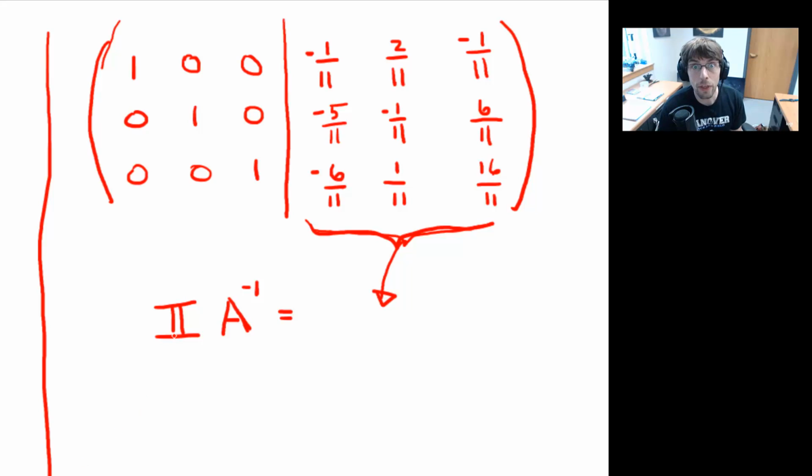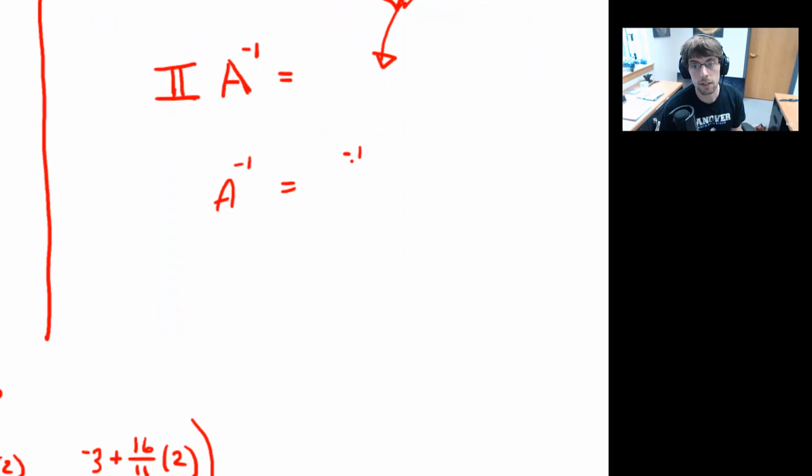We know that when we take the identity matrix and multiply by any other matrix, it should return that other matrix, right? So that means this rigmarole that I have here, this -1 over 11, this 2 over 11, this -1 over yada, yada, yada, that is indeed the inverse matrix.